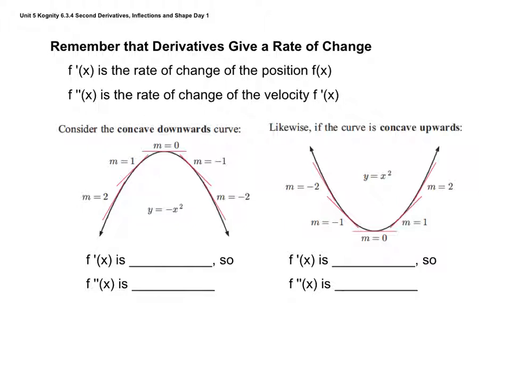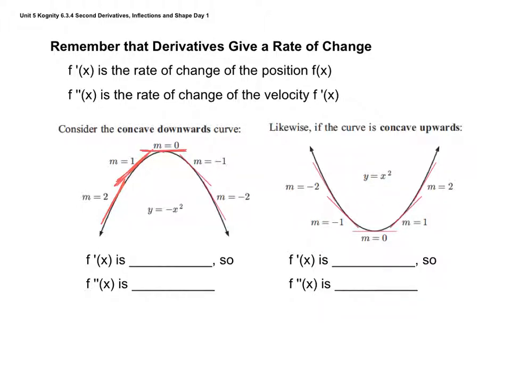So now, let's think about this. This image right here, I think, will illustrate what I was just explaining. Okay? F prime of x is the rate of change of our position, velocity. Okay? F double prime is the rate of change of the velocity. Okay? So think about this. This downwards curve, you'll notice our rate of change, or the derivative, here it's positive, here it's still positive, but it's getting flatter.